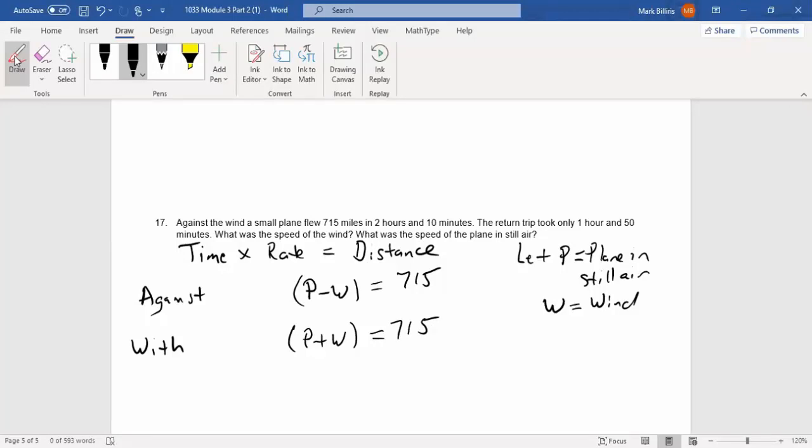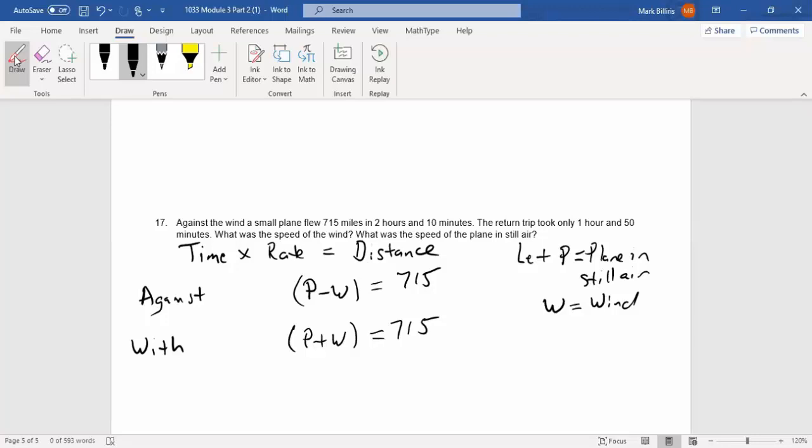Now the next part's a little bit trickier because they're dealing with hours and minutes. And when you're measuring speed, it's miles per hour or kilometers per hour, not per minute. So in this case, we need to express time in terms of hours. So it says, against the wind, it took 2 hours and 10 minutes.